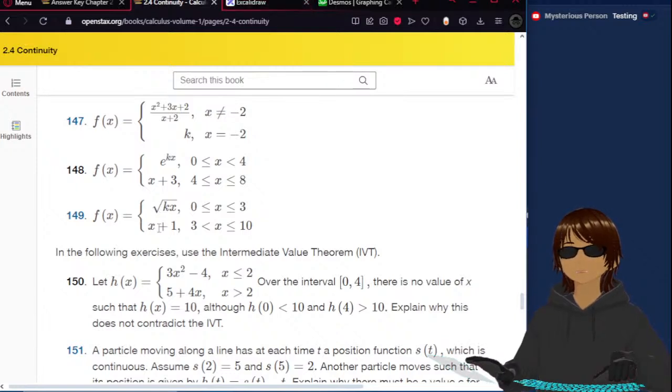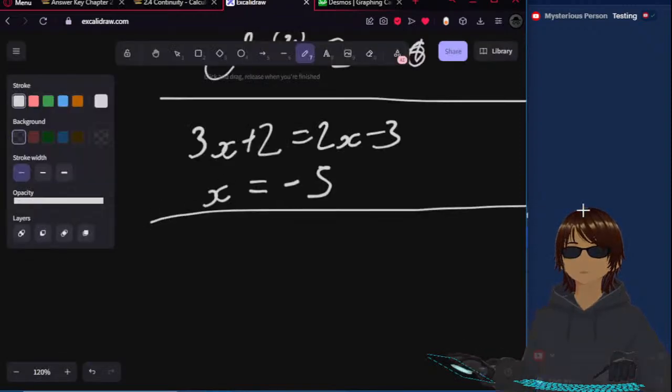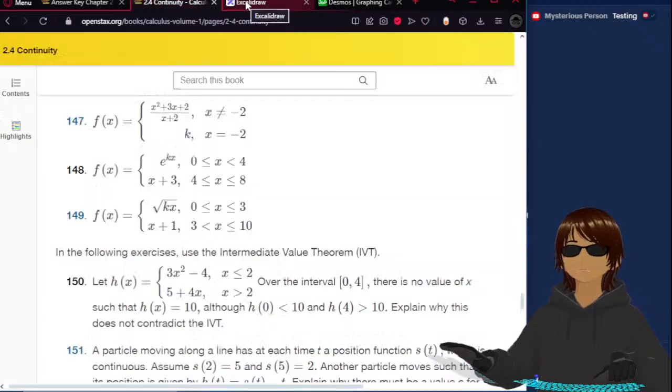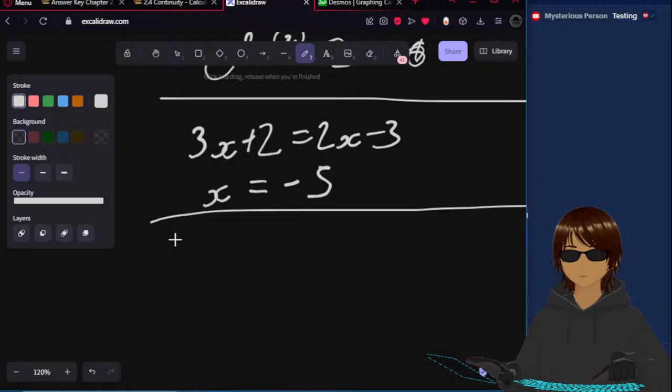I have to find the value of k. Okay. K is most probably 3, and that's just a guess. No, it's not 3.